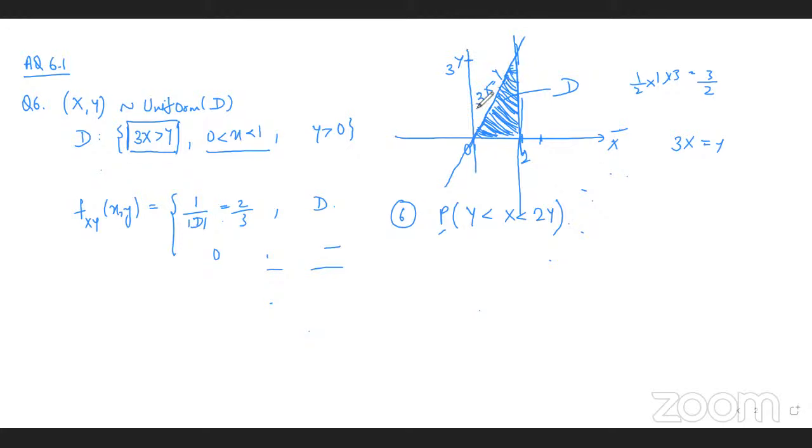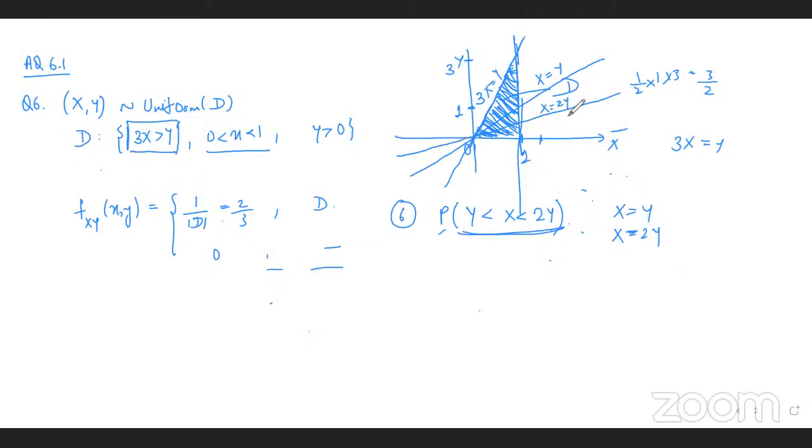Okay, so x lying between y to 2y. Now, if we have to find this, what we will do is plot x equal y and x equal to 2y. Let's say this is our x equal y. This should be our one, and x equal to 2y. How will this graph look? x equal to y should be something like this, right?